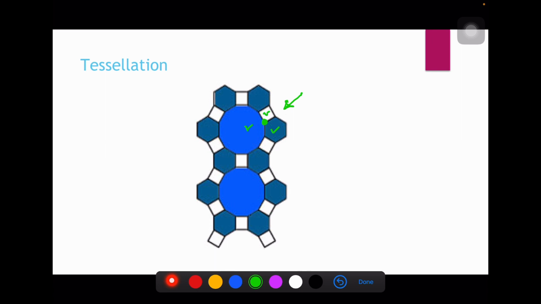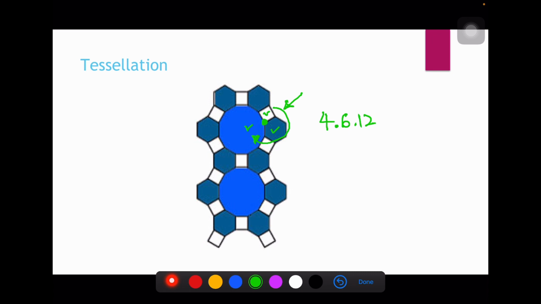Yes, 12 sides. So how do we write that? You must remember that only the shapes that are connected to this same vertex count. So we can say 4.6.12.